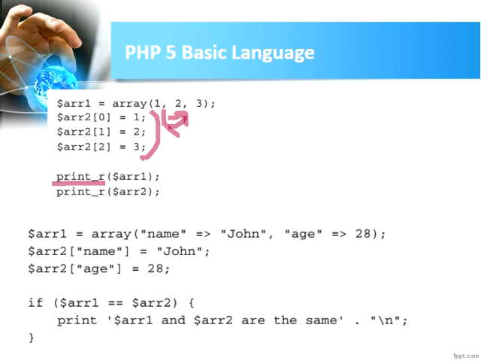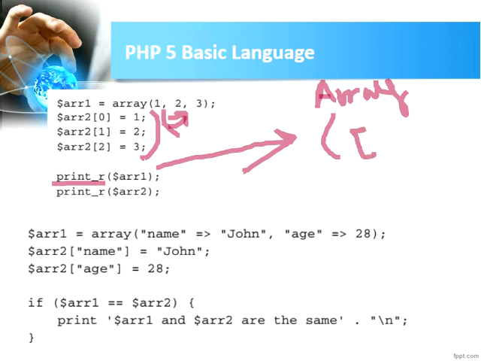For example, when we write print_r($array1), the result will be like this: Array, after that 0, like this. So this is the output of print_r.